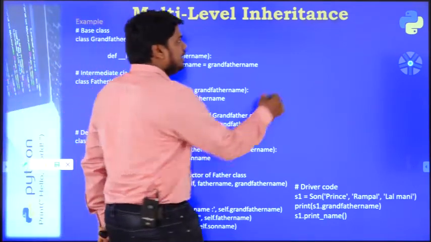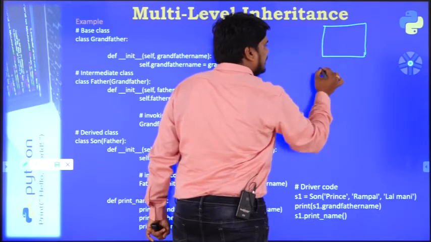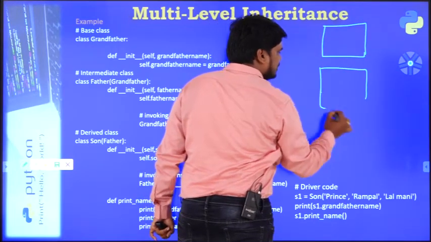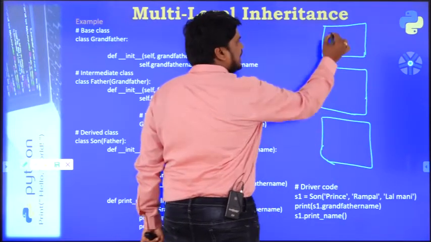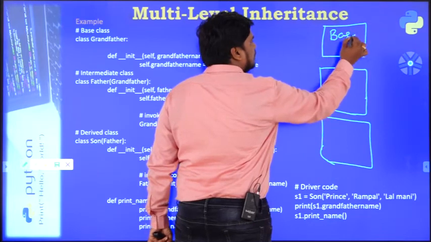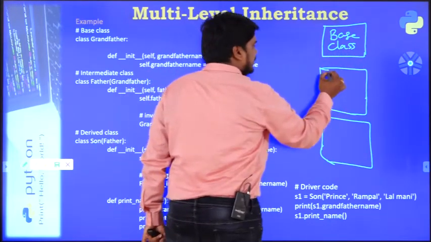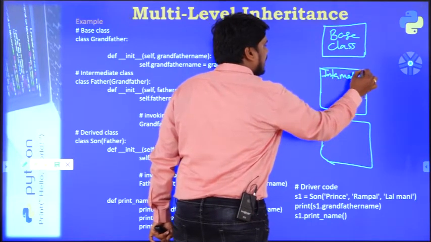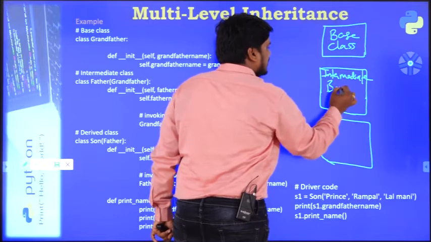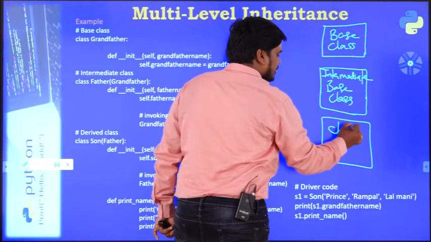Observe carefully. In multi-level inheritance, we will have three classes. This is a base class, this is an intermediate base class, and this is a child class.